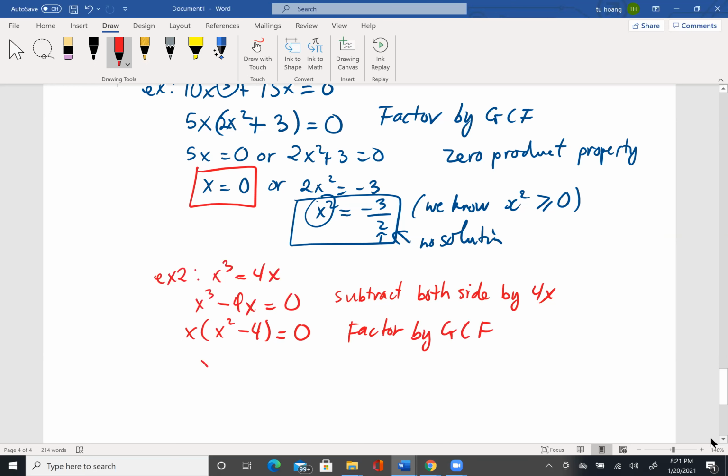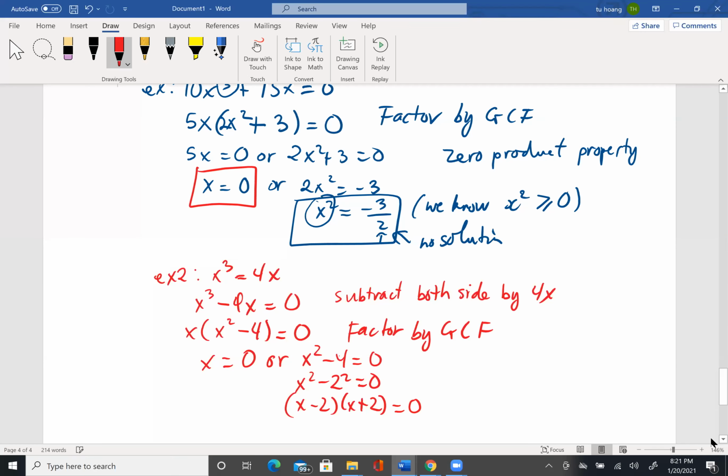And lastly, you have x equal to 0 or x squared minus 4 equals 0. If you see x squared minus 4 equals 0, you can also factor this, because it is a difference of two squares, right? You're going to have x squared minus 2 squared equals 0. And you have x minus 2 times x plus 2 equals 0.